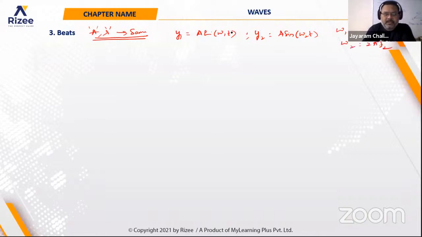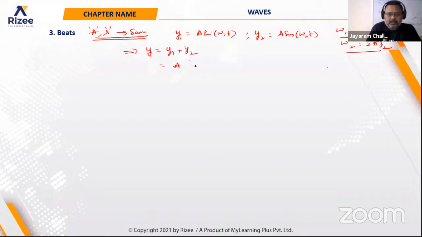These frequencies have a slight difference, that is f1 and f2. When these two waves traveling in the same direction superimpose on each other, you get y1 plus y2.